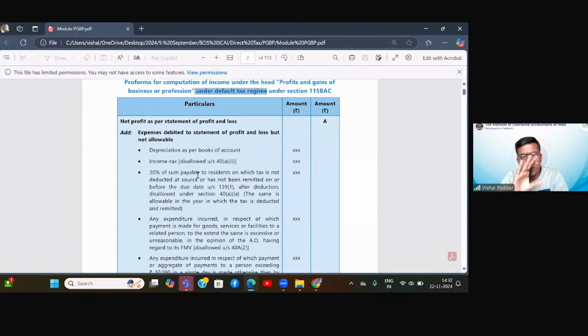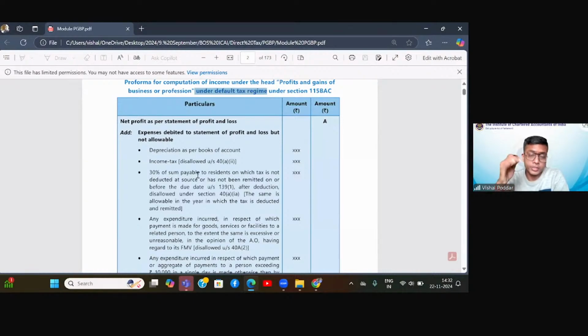Now, when you have both P&Ls, one prepared as per accounts, one prepared as per PGBP, you compare both to identify whether there is any difference between any figure or entry in the accounting P&L and in the PGBP P&L. And wherever you find a difference, that is adjusted.